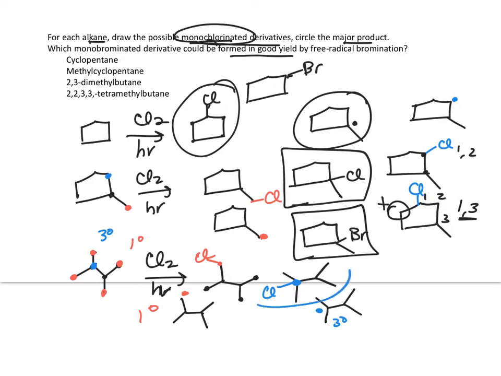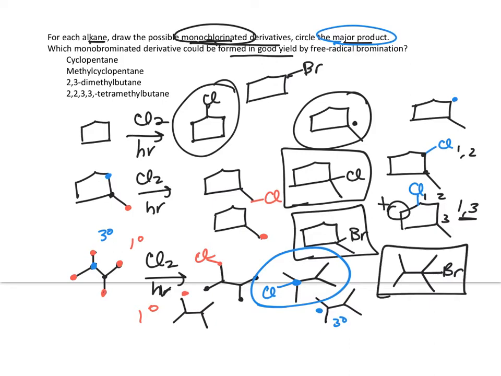So obviously tertiary is more stable than a primary, so the blue one that I circled would be your major product here. And then of course if you did bromination, that is the only product you would get, the bromine at the tertiary carbon.